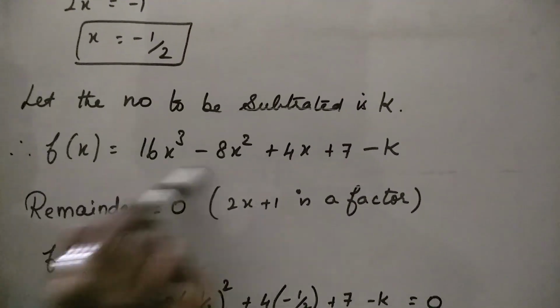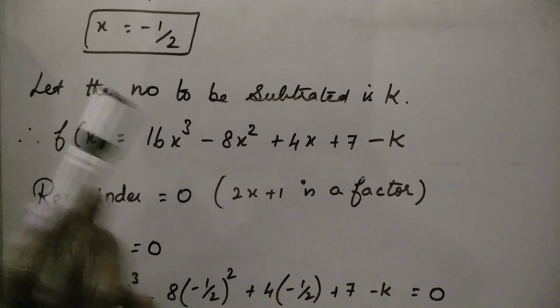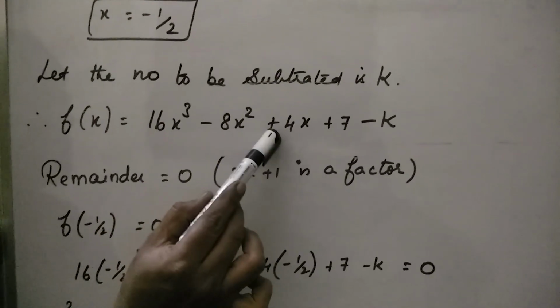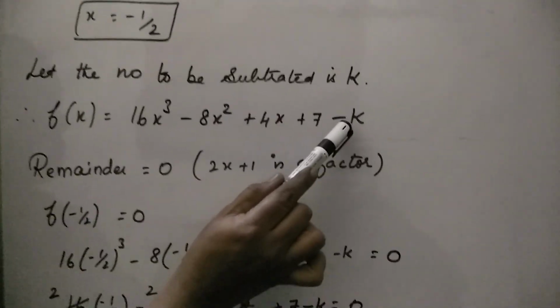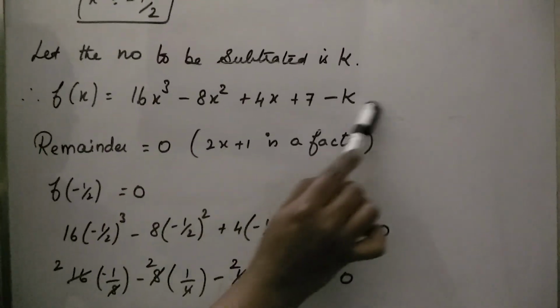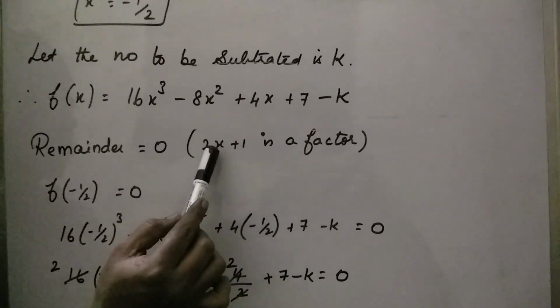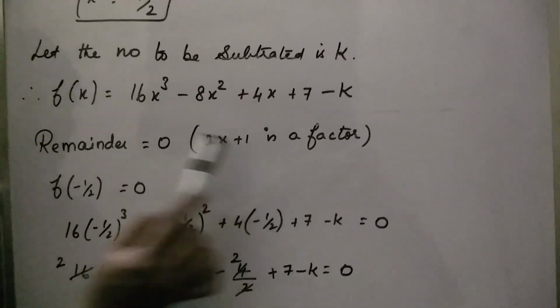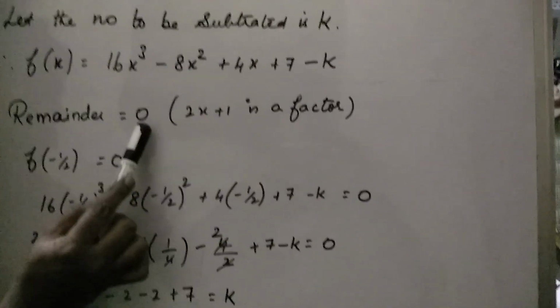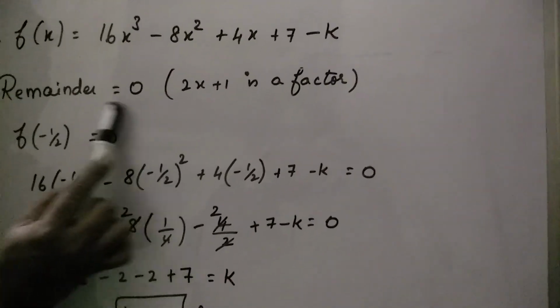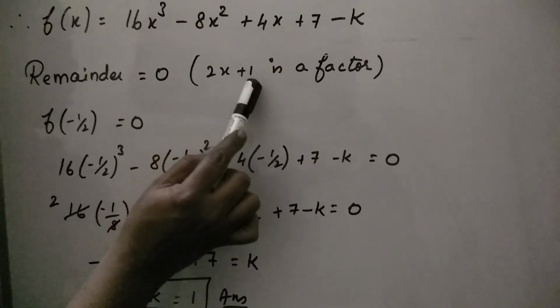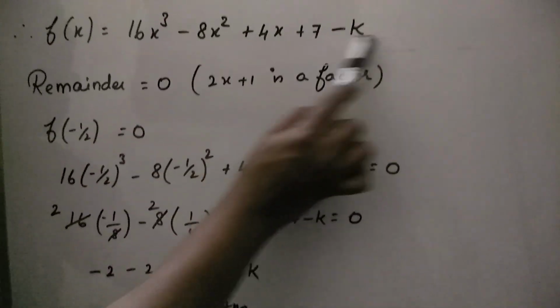So the polynomial becomes 16x cube minus 8x squared plus 4x plus 7 minus k. This expression is divided by 2x plus 1 and leaves the remainder 0, since 2x plus 1 is a factor of this.